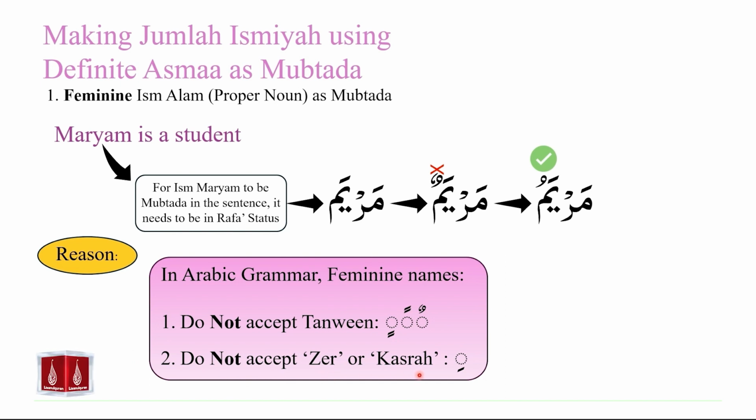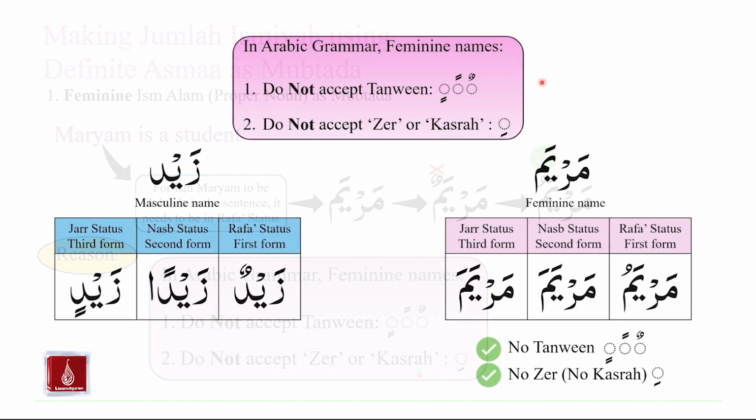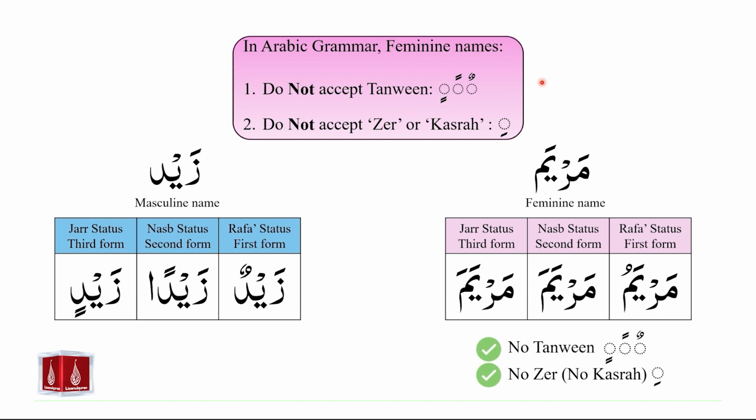Let us study this further and look at some more examples. We studied that in Arabic grammar, a feminine name will not accept tanween. That is, there will be no double pesh, double zabar or double zair at the end of the ism if it is a feminine name. And secondly, it will not accept zair or kasra.